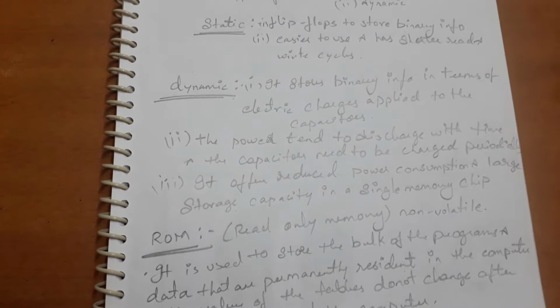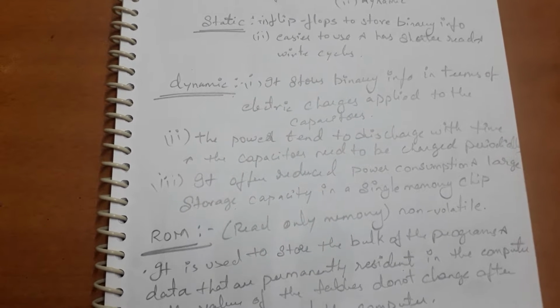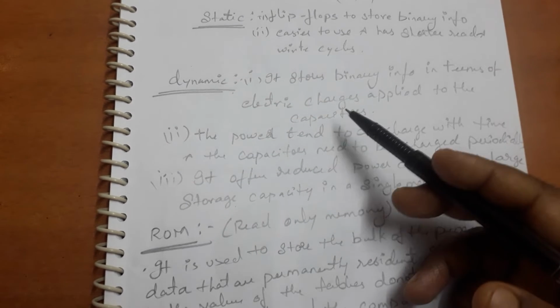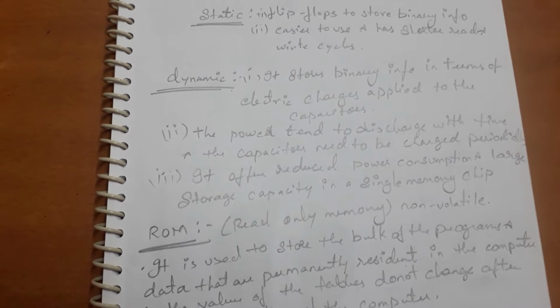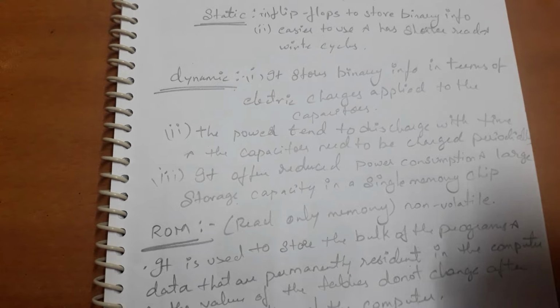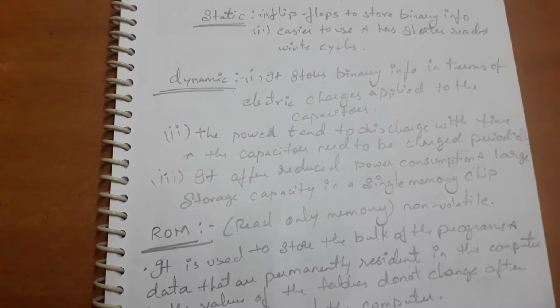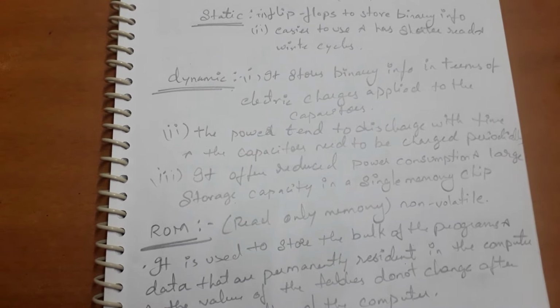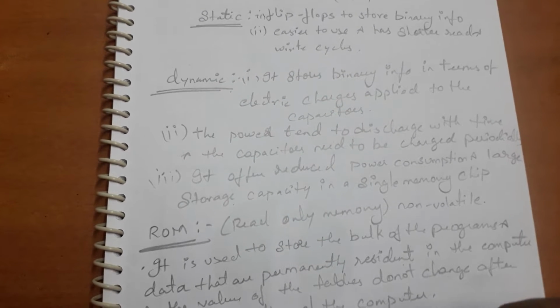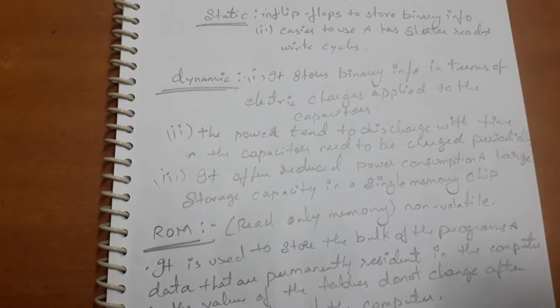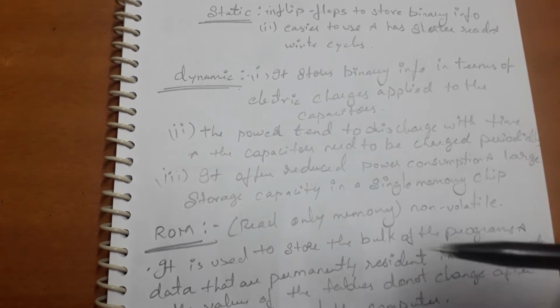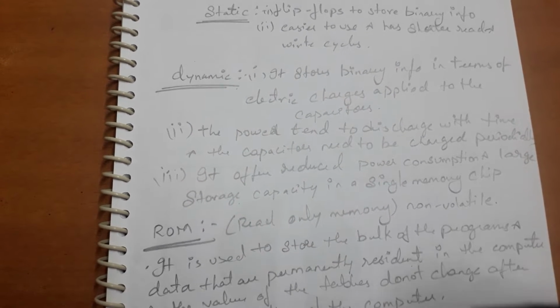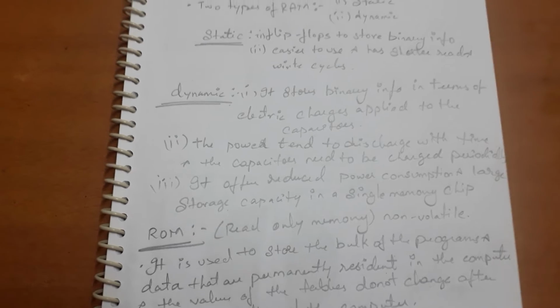When we talk about electric charges, there are chances that the charge applied to the capacitors tends to lose its power, or I can say it tends to discharge with time. In such a case, we need to refresh this RAM periodically in order to maintain its charge.